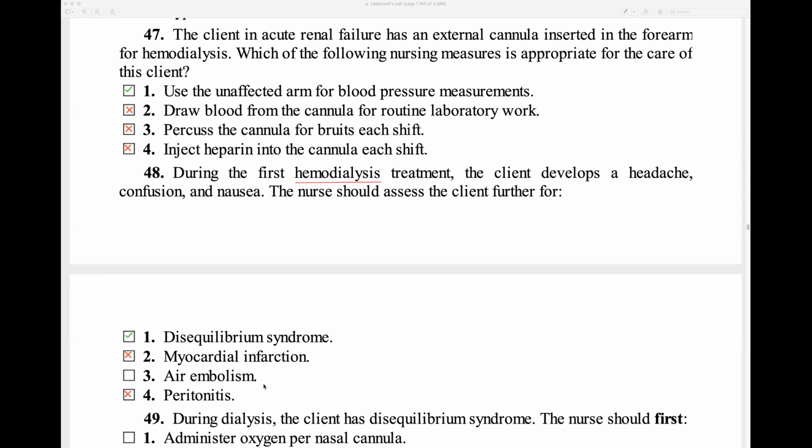So process of elimination: because it's hemodialysis, you get rid of peritonitis. That doesn't make sense. Hemodialysis does not increase the risk for peritonitis. The symptoms do not align with the symptoms of heart attack, so you got rid of choice two.